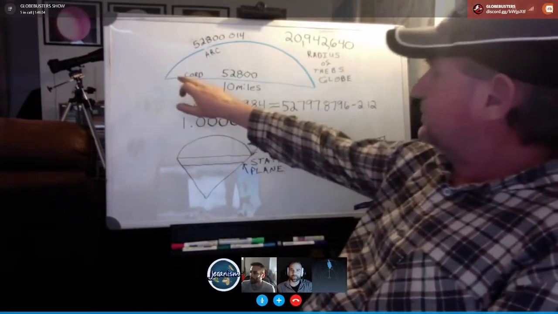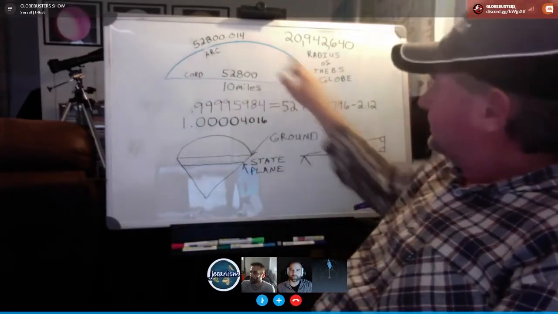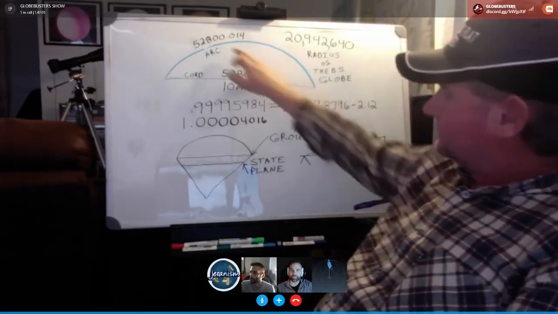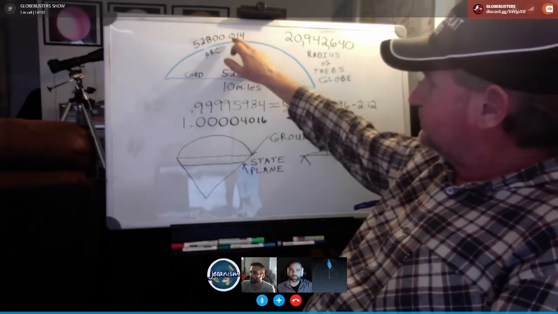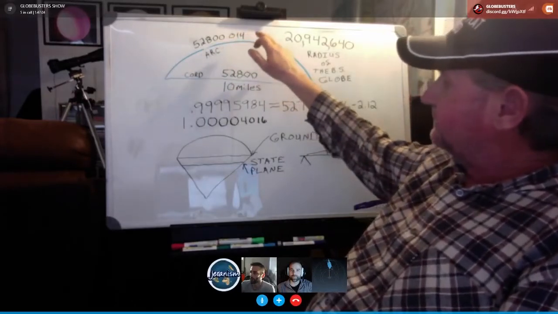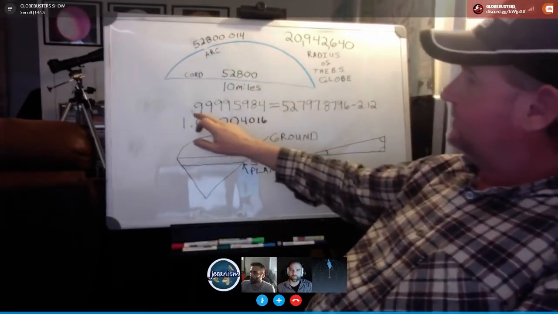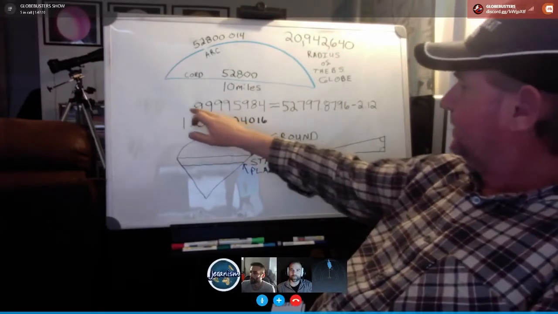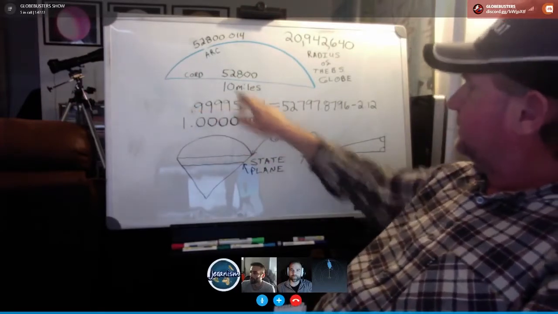So what I just told you is you've got this arc distance in 10 miles and this chord distance. The only difference in 10 miles is a hundredth and a half. Okay, what they do in the state plane coordinate system that we work in is totally mind-blowing. They take this scale factor.